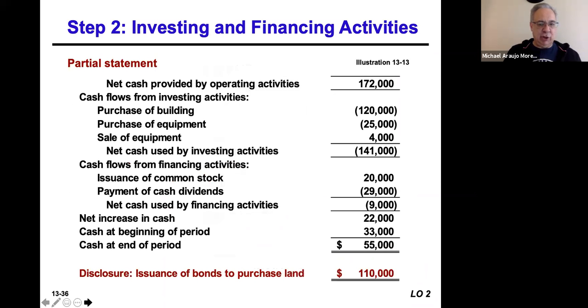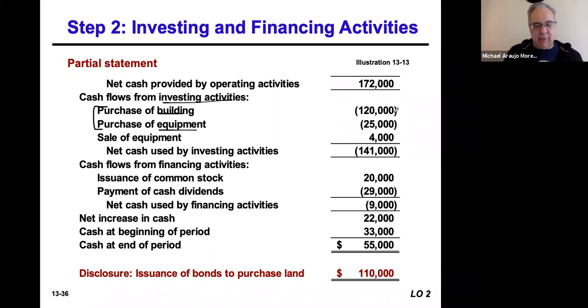Another thing that we would show are any of the other investing activities that happen. You might remember part of the information was we used cash to buy a building. We used cash to buy equipment. Remember, the parentheses simply means a use of cash, cash flowing out.